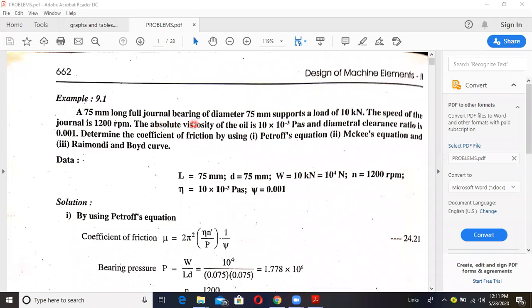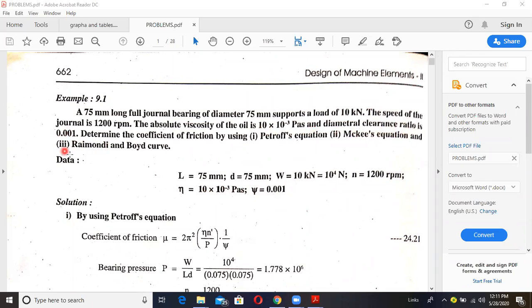The absolute viscosity of the oil is 10 into 10 to the power of minus 3 Pa·s. They have directly given the viscosity of the oil, and we always represent viscosity with the notation eta, which should always be in Pa·s. Whatever lubricating oil you are using has viscosity 10 into 10 to the power of minus 3, and the diametrical clearance ratio is 0.001.